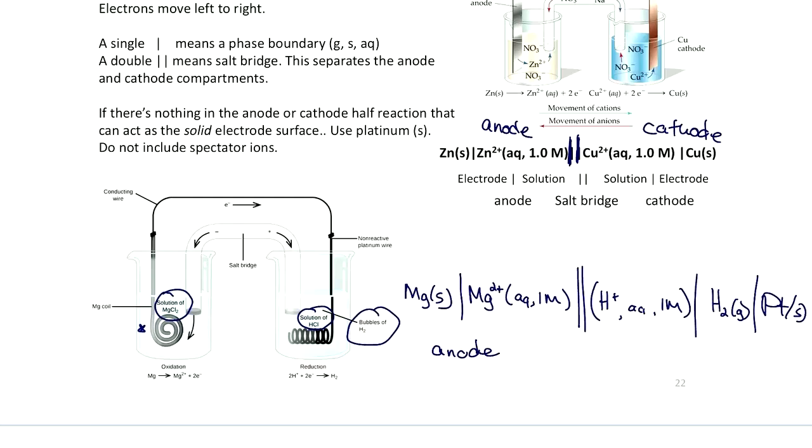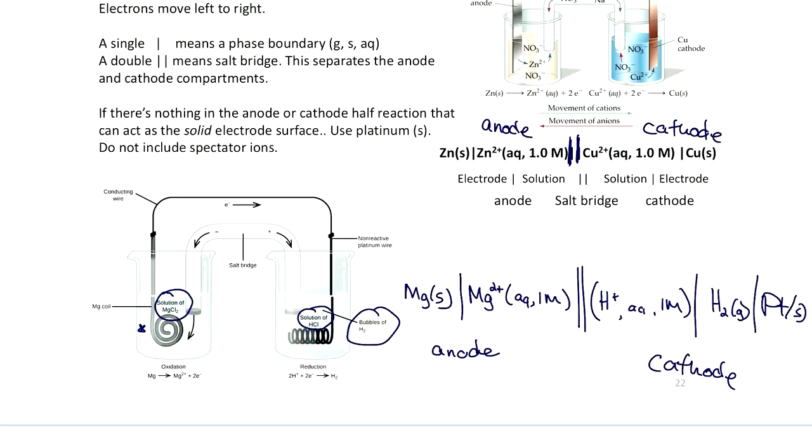You've done this in lab. You've put a strip of magnesium into acid, generated H2, but here we can set it up as a voltaic cell and actually harness the electrons that are being transferred in this event. So notice I just put everything that's in the anode here. I put everything that's in the cathode compartment over here, separate substances by phase boundaries.